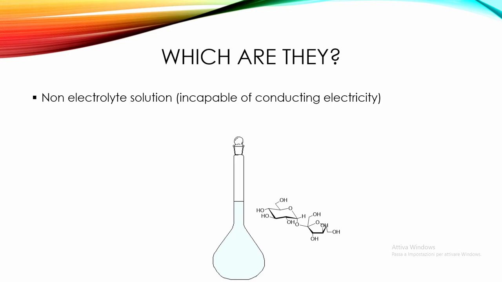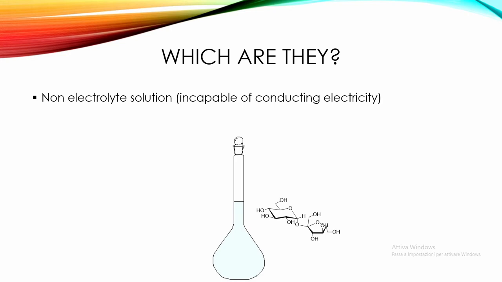This solution is a non-electrolyte solution because sucrose is made of neutral molecules. And these neutral molecules, in the solid, have interaction, so they are all together, they make hydrogen bonding, and they form the lattice in the crystal form.